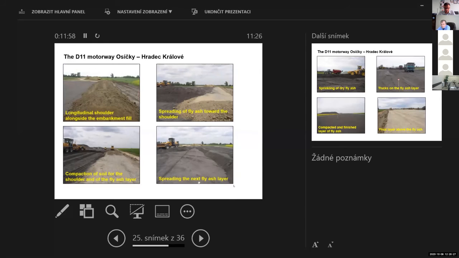Then longitudinal shoulders were constructed on the side. Fly ash was spread toward the shoulder, and both materials were compacted together.